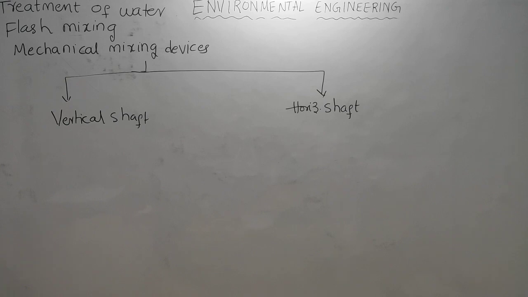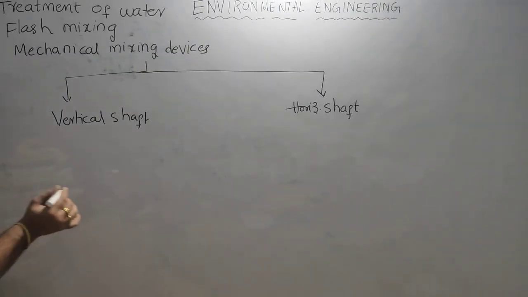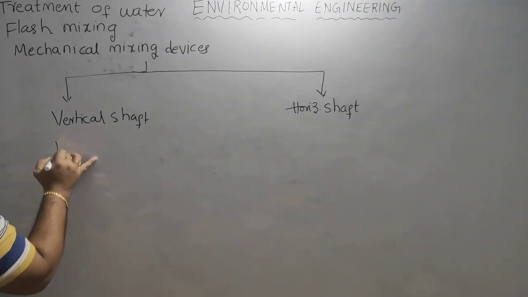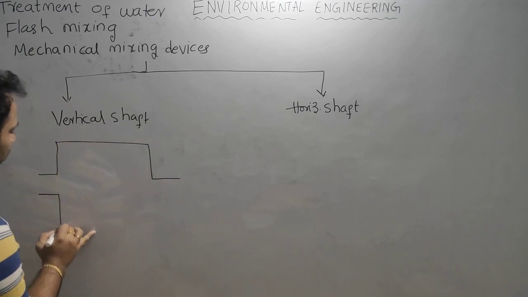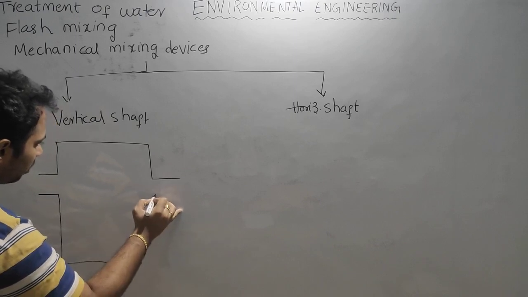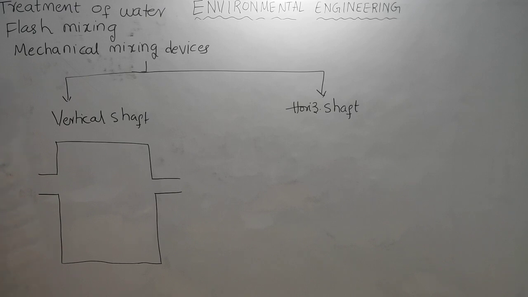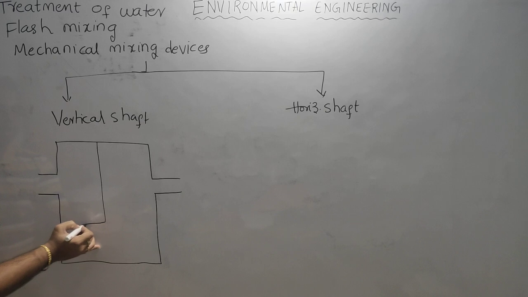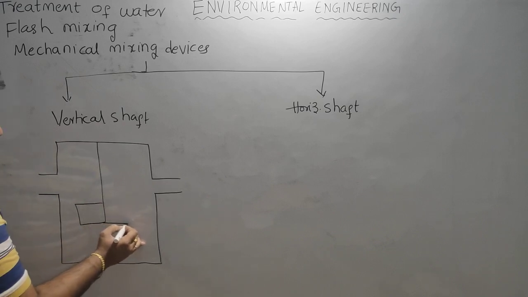That means when there is a vertical shaft, then it looks like this. This is the inlet and this is the outlet, and this is a shaft, vertical shaft.